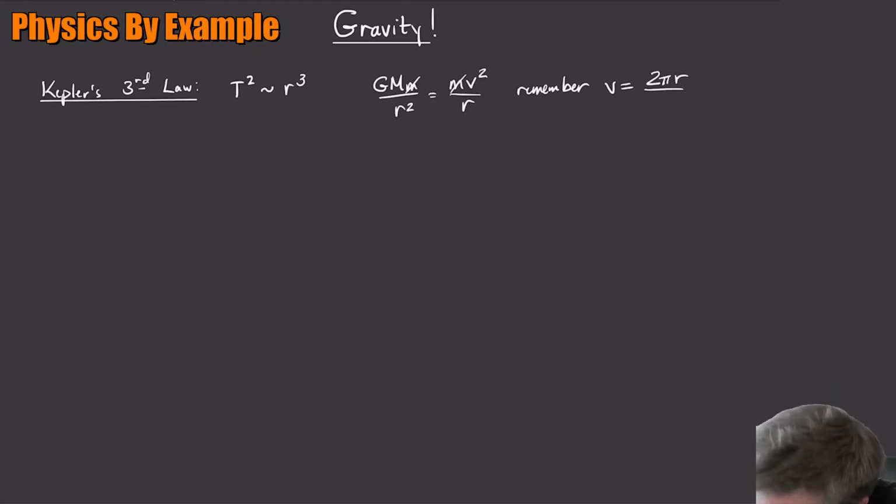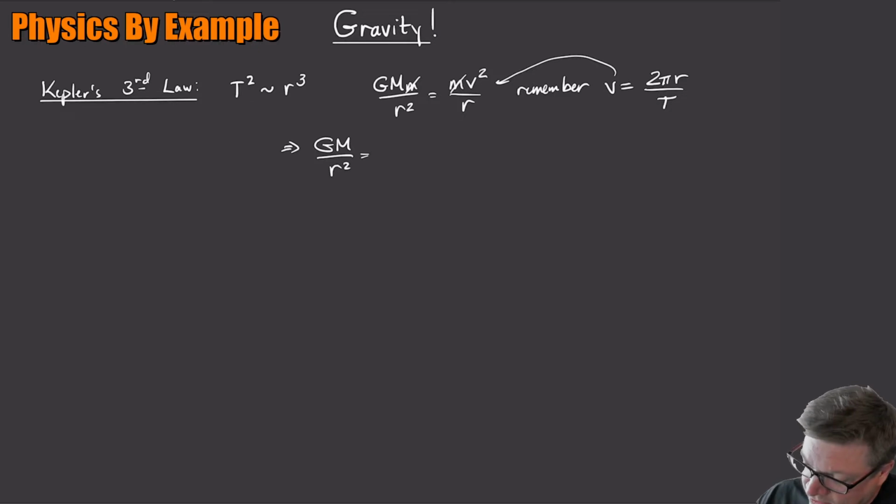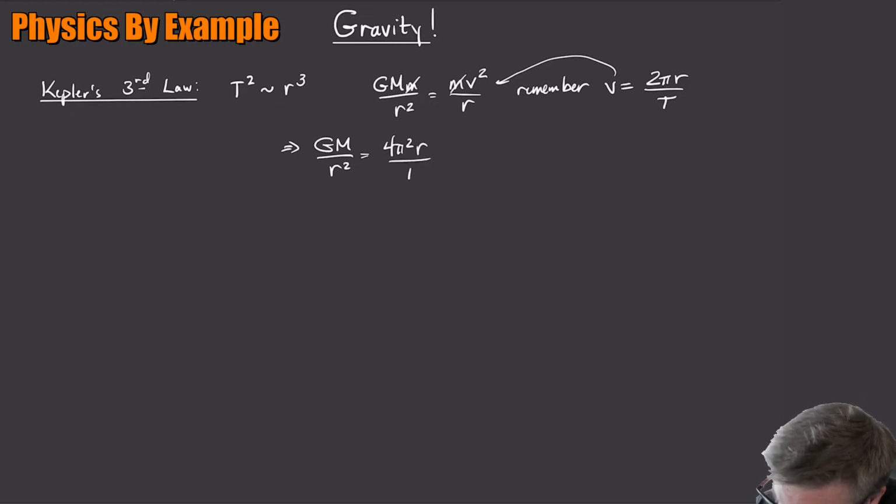And what time does it take? It's the period, T, right? So I can just take that v and plug it right in there. And here's what I get. I get GM over r squared is, what would that be? 4 pi squared r squared, but there's an r in the denominator. Yeah, so there's an r up top, and then I've got my T squared.